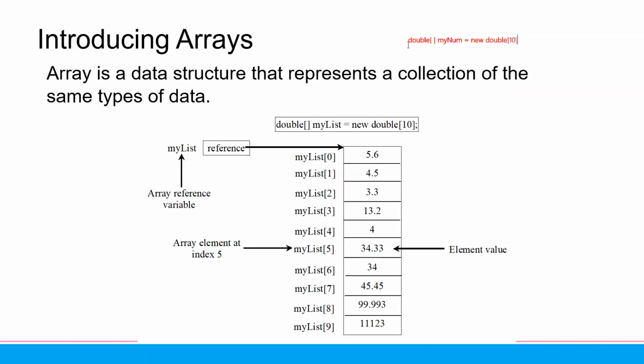And if I want to define 10 numbers, then you will say 10. How about if I want to prepare 20 numbers? So you can have double, let's say I have myList and I have new double. And if I want to prepare 20, you can say 20 here. So this is how we define the array.